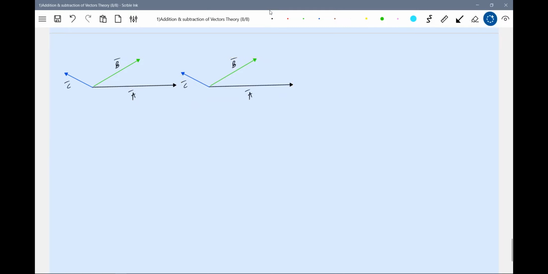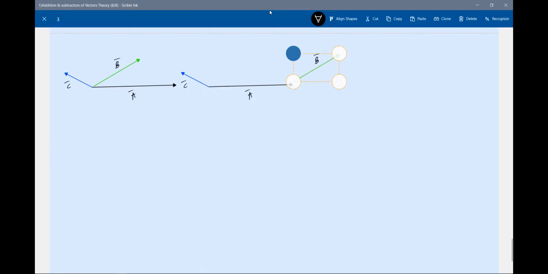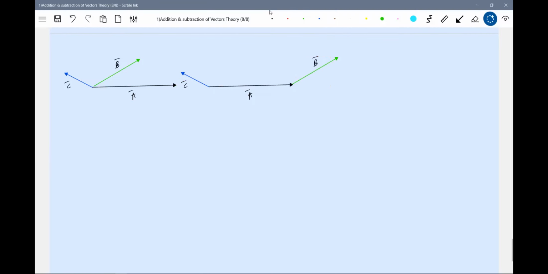Now shift this B bar vector. B bar vector is here. Then the resultant of these two, we call that R1 bar. So what is R1 bar? R1 bar equals A bar plus B bar.